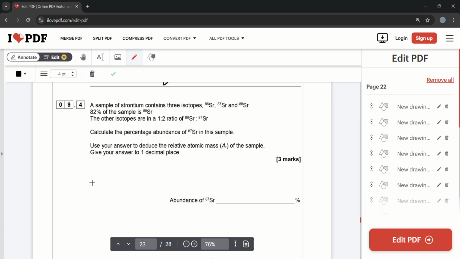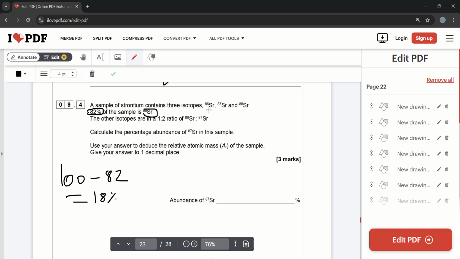Well, we know 82% is the percentage abundance of 88Sr. So the total percentage must be 100. We do 100 minus 82, we get 18%.